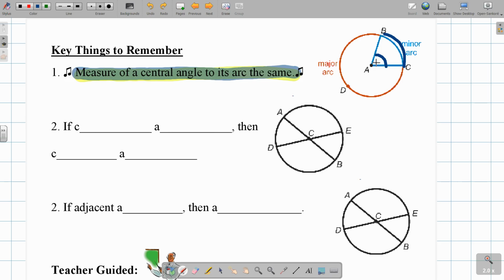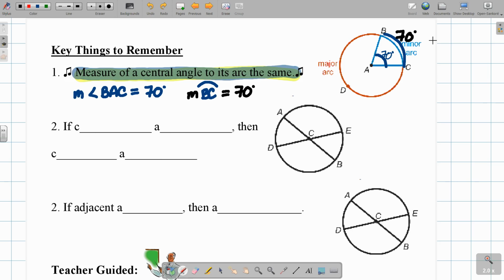So, for example, if the measure of the central angle BAC is 70 degrees, I'm just randomly making up a number, then the degree measure of the arc BC, and watch how we note that, we say measure of the arc, it means measure of the arc B to C, notice the arc symbol there, will therefore also be 70 degrees.